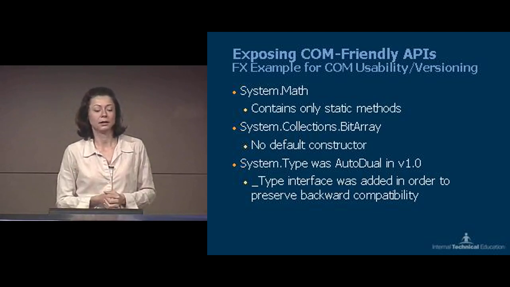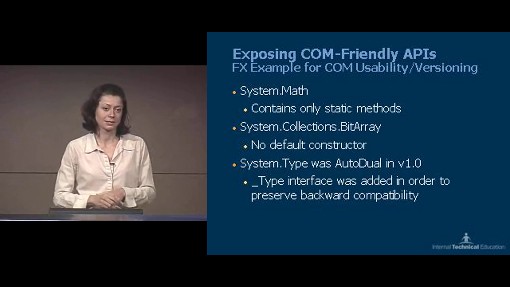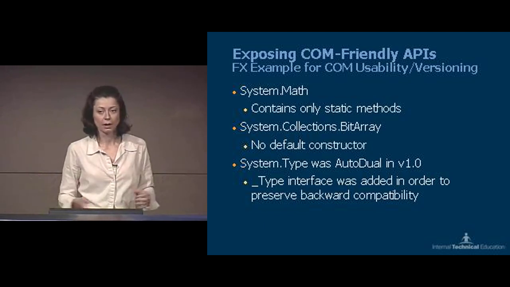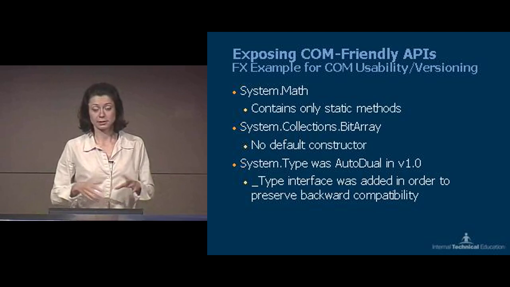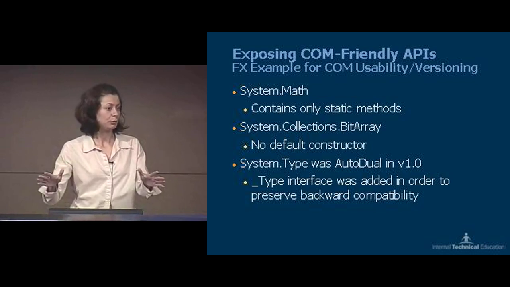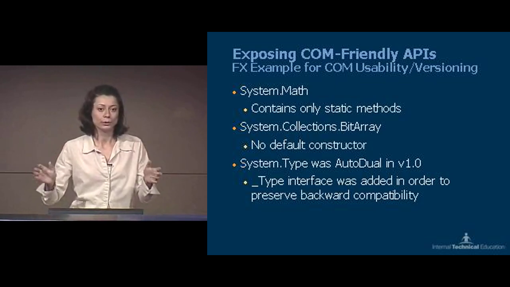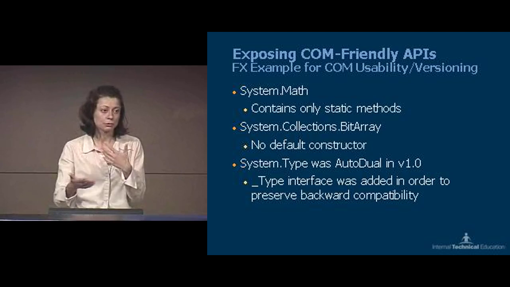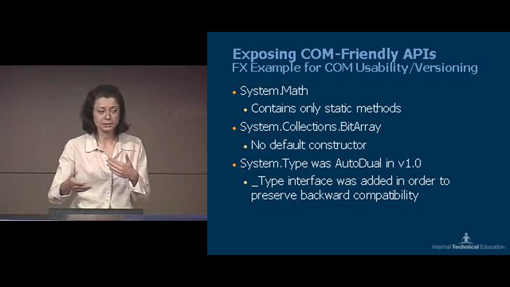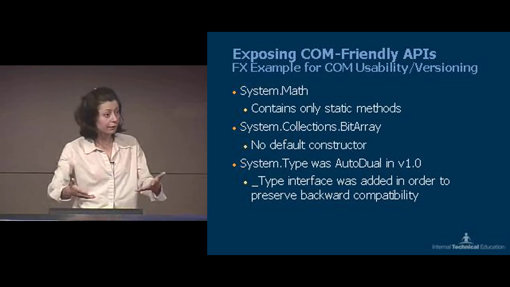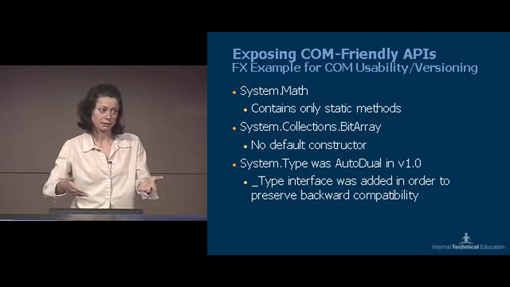There is something, the easiest way, let's say, to expose managed classes to COM: use something that's called the auto-dual class interface. What that means basically is that you put this attribute on your public class, and what the interop layer does for you is, because COM can talk only in terms of interfaces, not particular objects, we need to create an interface for this class.